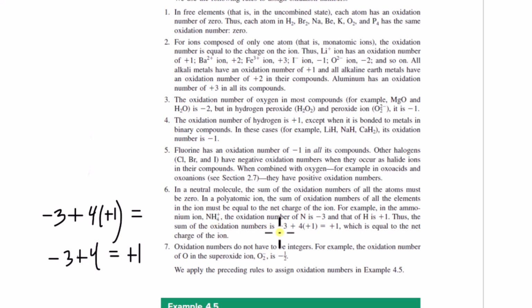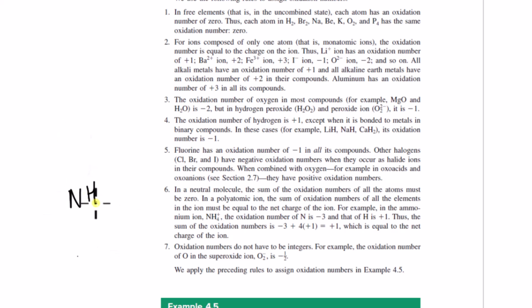Perfect. But note that just because the sum rule checks out, it doesn't mean that those oxidation numbers are the correct oxidation numbers. You could have multiple different sets of oxidation numbers that all check out with the sum rule. For NH4+, we could say that the oxidation number on the hydrogens is +2 and on the nitrogen is -7.